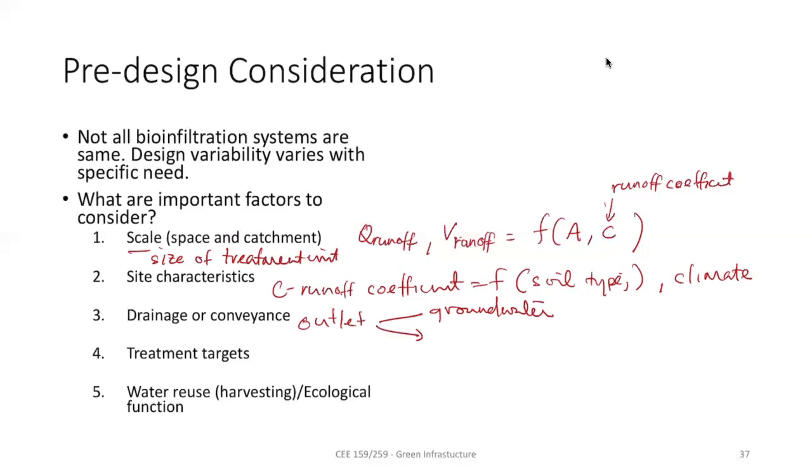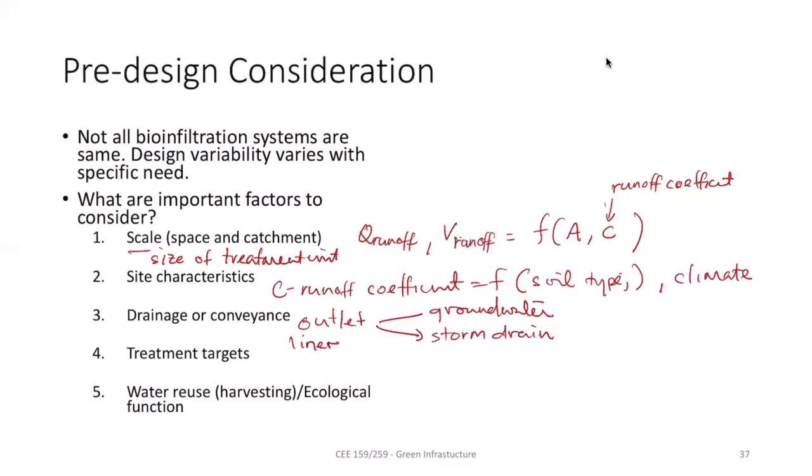The second one is storm drainage, which is mostly related to water harvesting. And if you don't want the treated water to get into groundwater, because it is shallow and the groundwater is used for drinking, then you might have to think of a liner. That liner will prevent interaction with groundwater. So that's the other aspect of drainage.